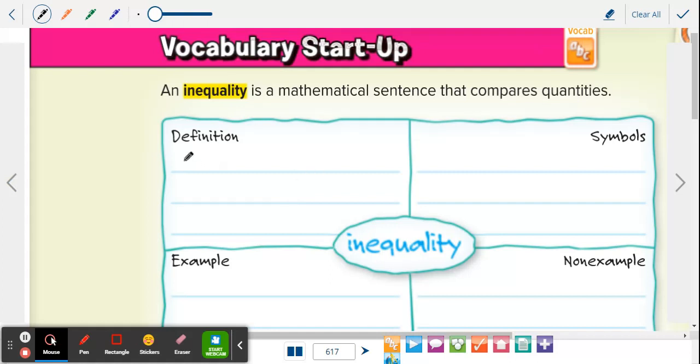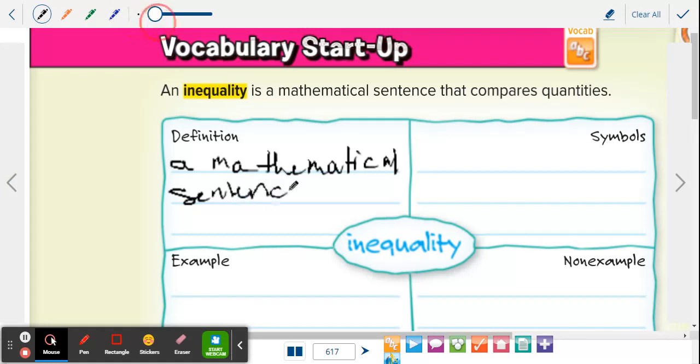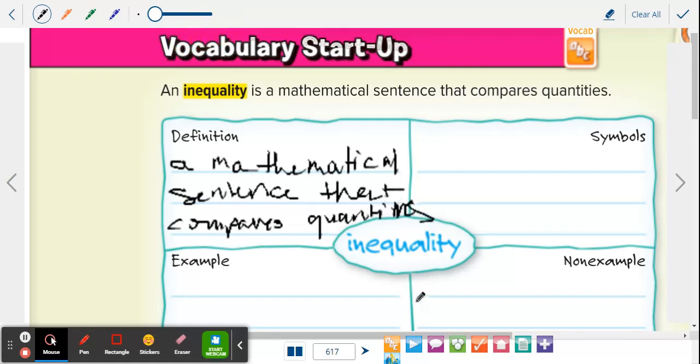Yes, it's a mathematical sentence that compares quantities.